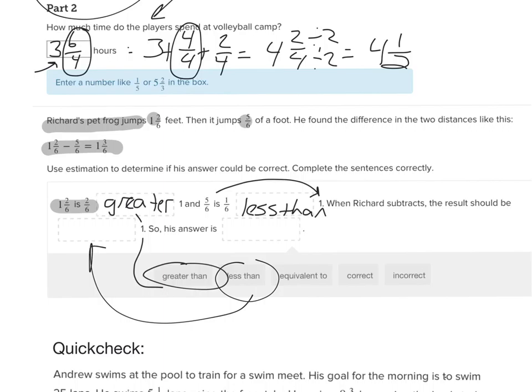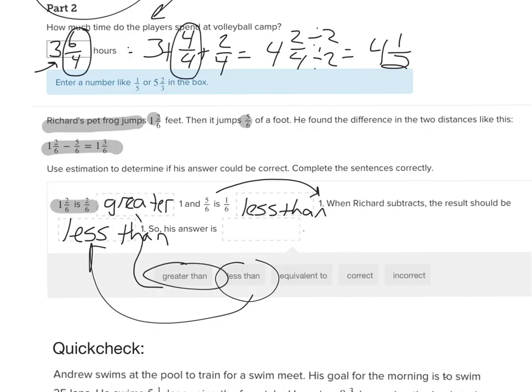Right? We've got 1 2/6, it's only 2/6 bigger, and we're taking 5/6 away from that. His answer needs to be less than 1. So his answer is incorrect. His answer was more than 1.